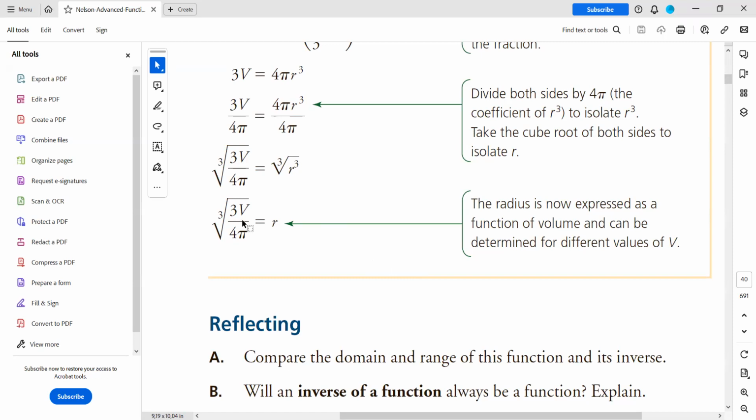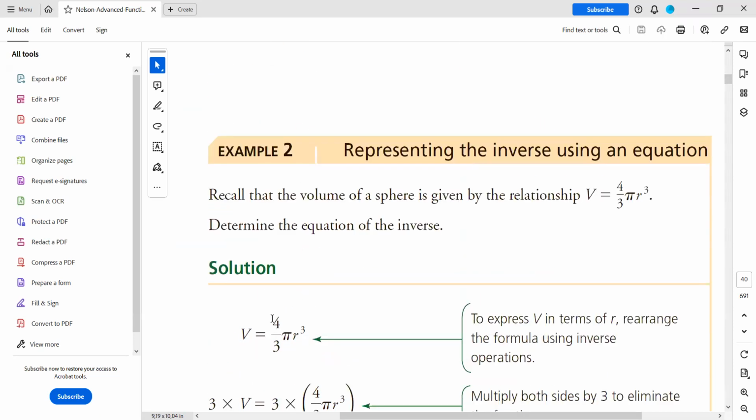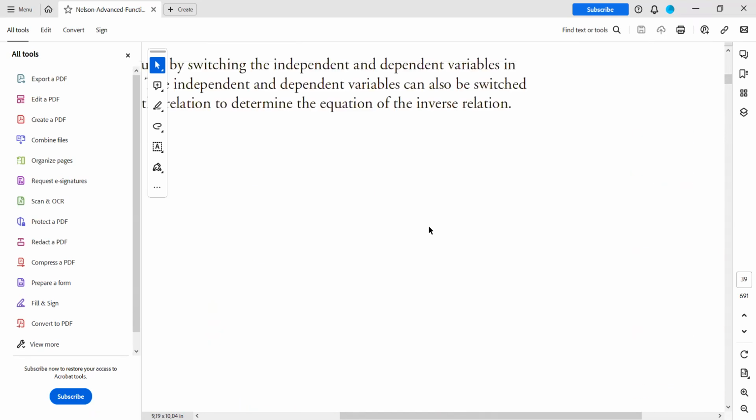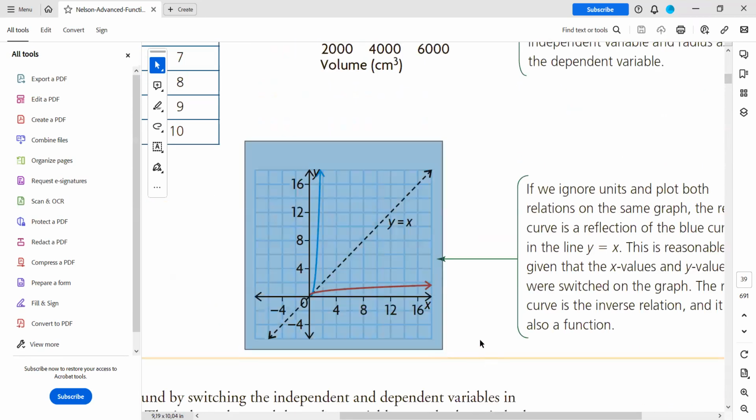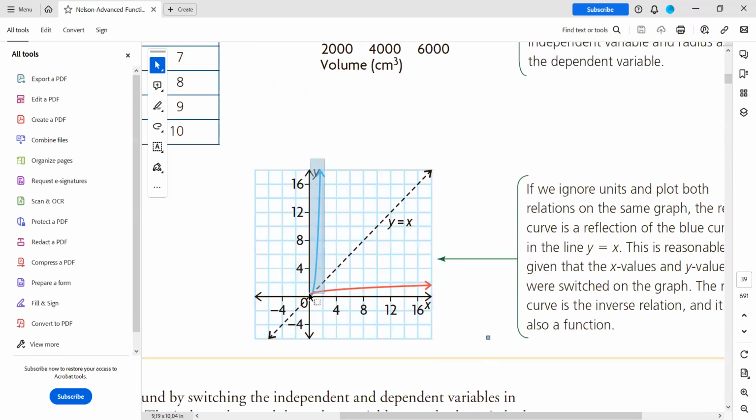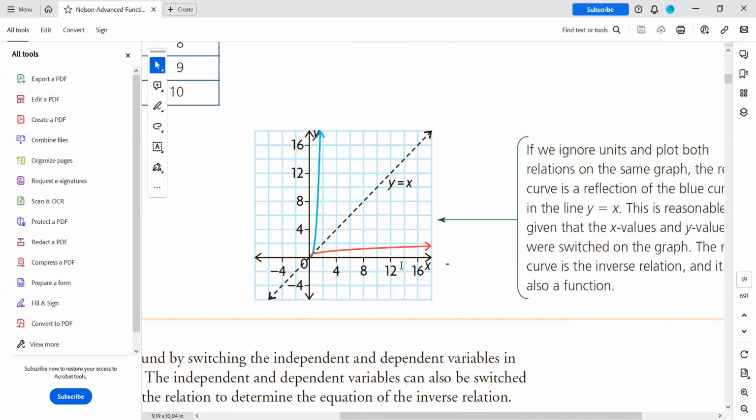If you plot this function instead of this function, you're going to get this exact image. The blue one would be the function of v with respect to r, and the red function would be the function of r with respect to v.